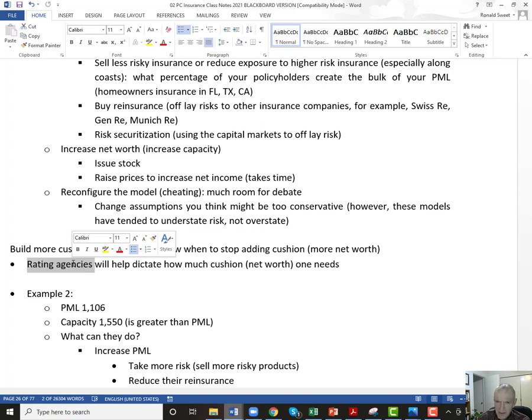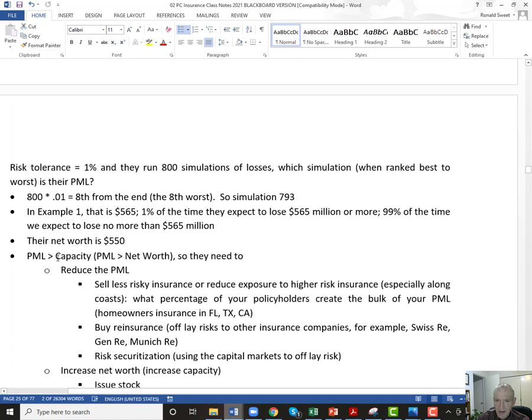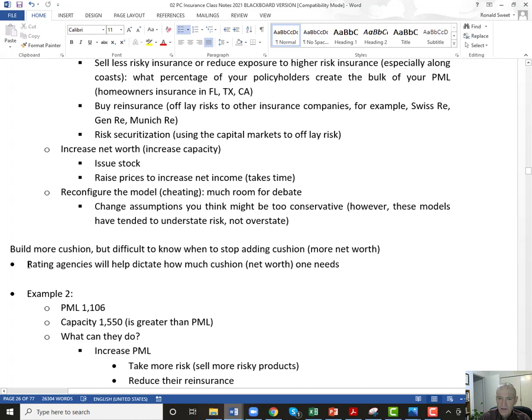So they'll tend to dictate how much your capacity needs to be, or they're going to dictate what your risk tolerance is. So if you say, hey, we want to be single A rated, that's maybe going to equate to a 0.5% risk tolerance. That's then going to influence your PML models and then influence how much capacity you have. Because if you don't have this capacity for the PML, the rating agencies will downgrade you.